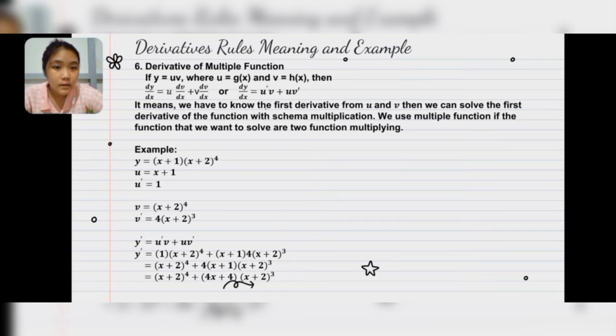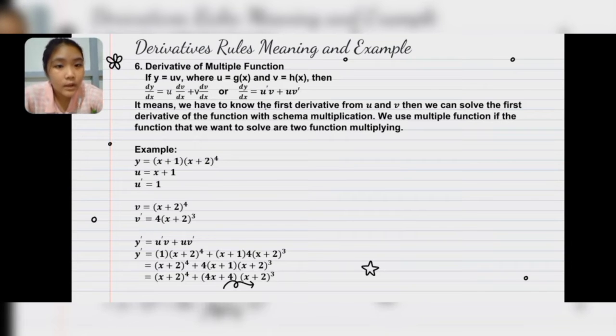So y prime equal 1 is from the derivative of u, and then x plus 2 with 4 power is from the v, and then plus the u is x plus 1, and then the v derivative are 4 times x plus 2 to the 3rd power.